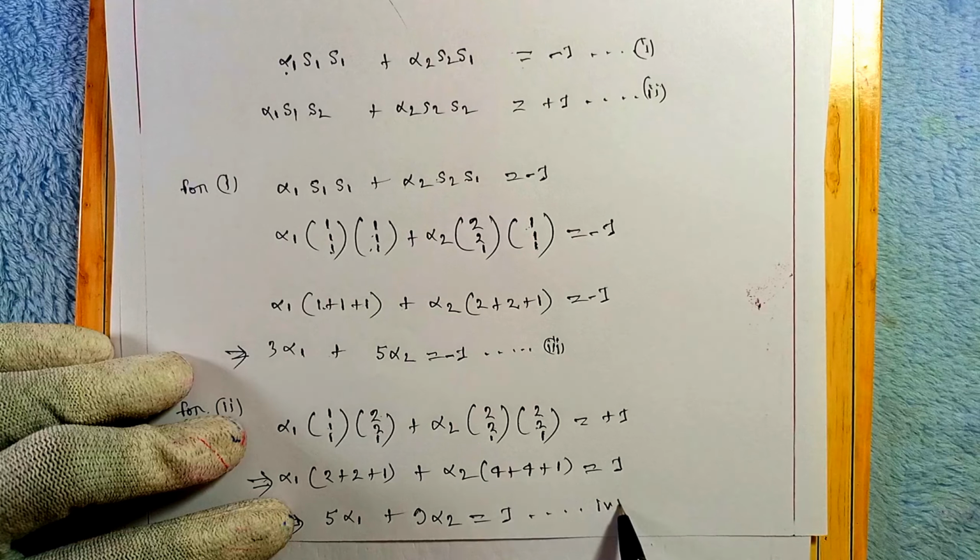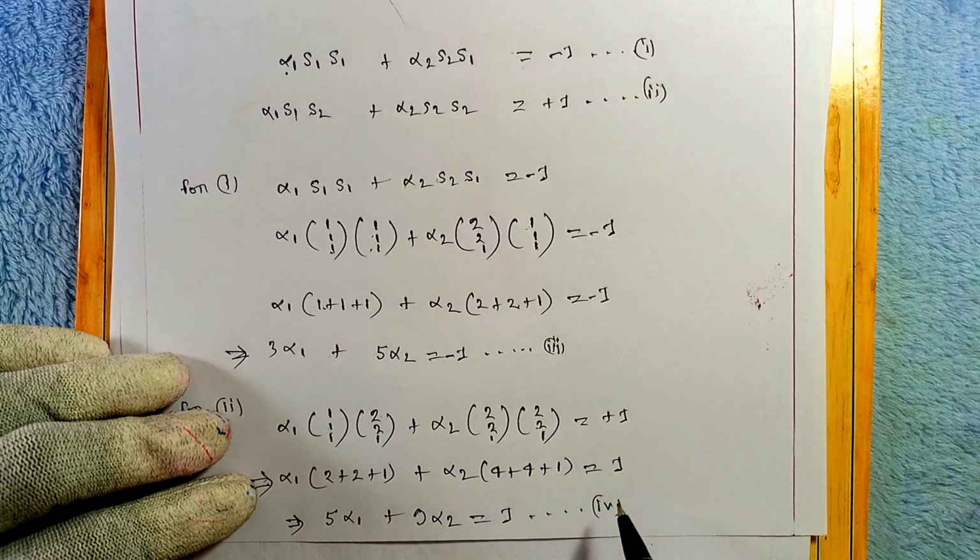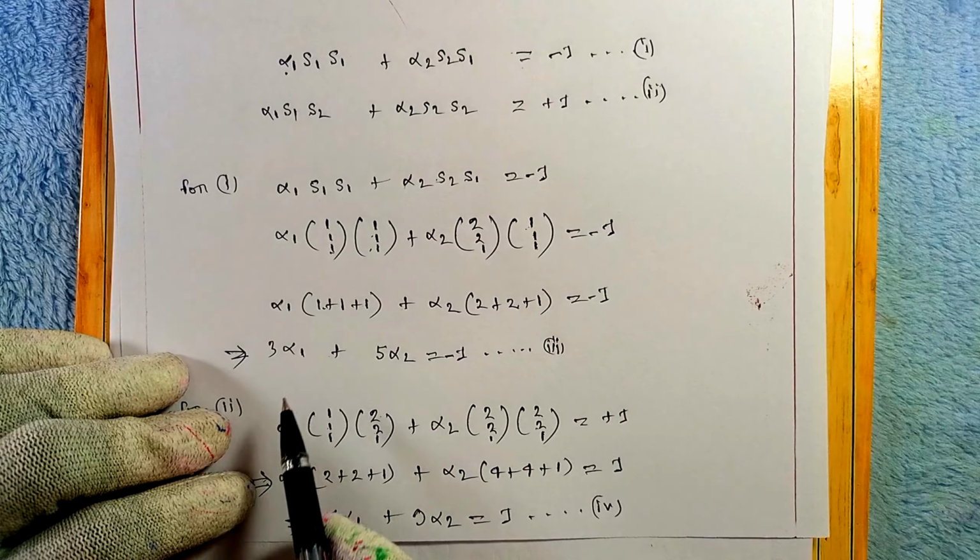This is equation number 4. From 3 and 4 we can easily get the values of alpha 1 and alpha 2.